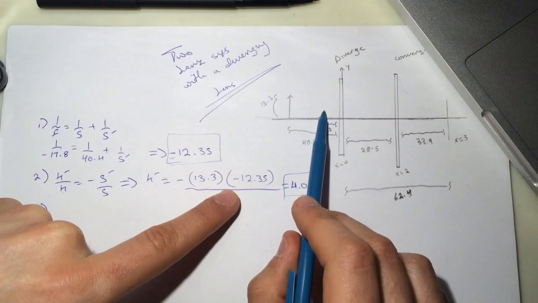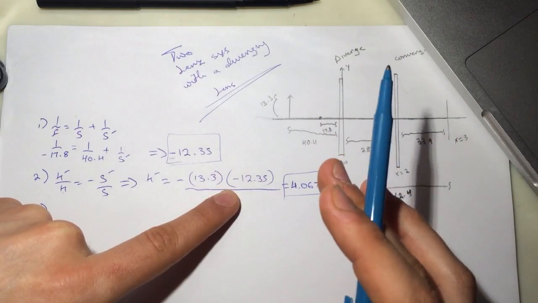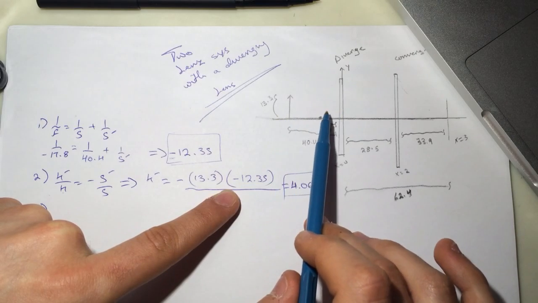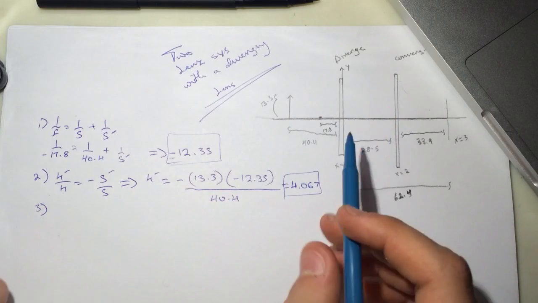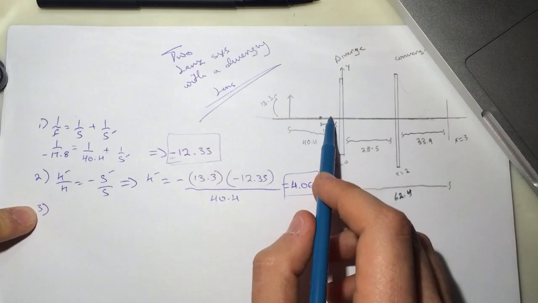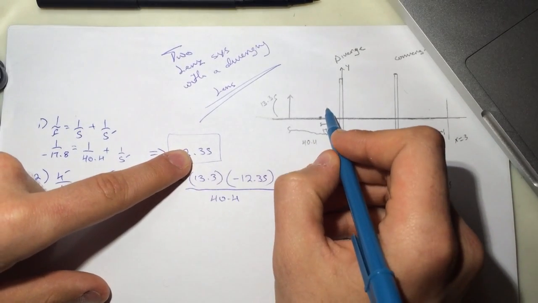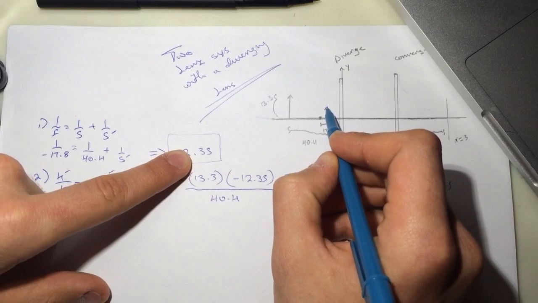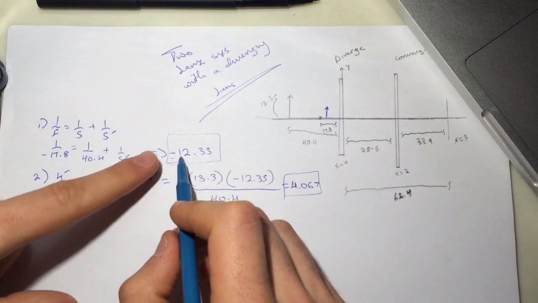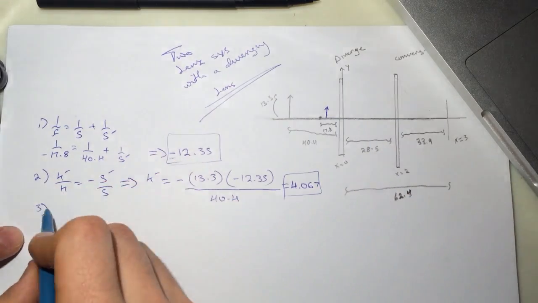The distance between the object, which is the image from the first lens, okay, now it's the object for the second lens. So to get this distance, the image will be around here. From here to here it's 12.35, and from here to here is 28.5. So you're gonna add them.